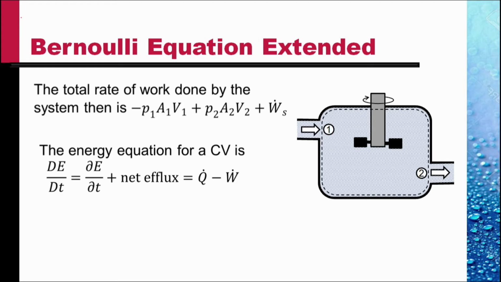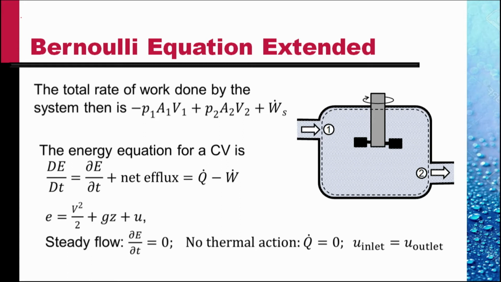The energy equation for the control volume that we obtained earlier was dE by dt, the material rate of change of the energy contained in the system, is equal to del E by del t, the rate of accumulation of energy within the control volume, plus the net flux, and this should be, by the first law of thermodynamics, Q dot minus W dot.